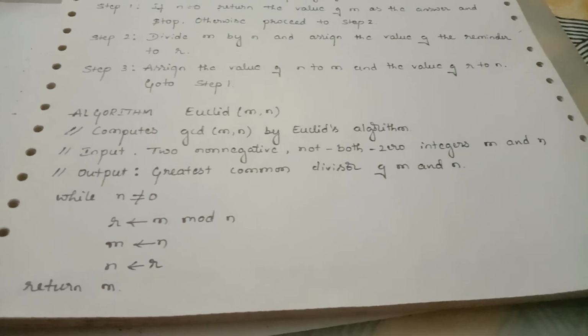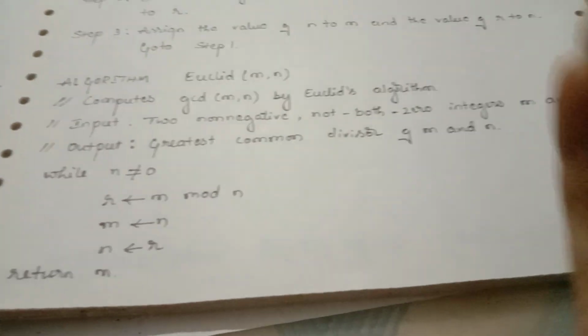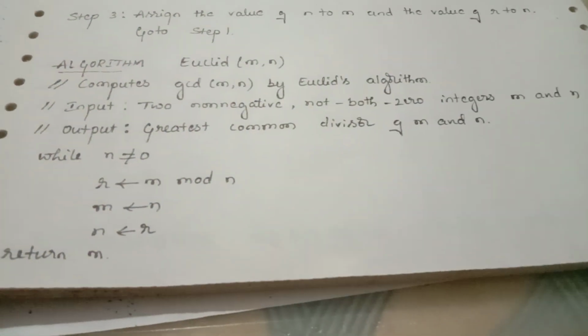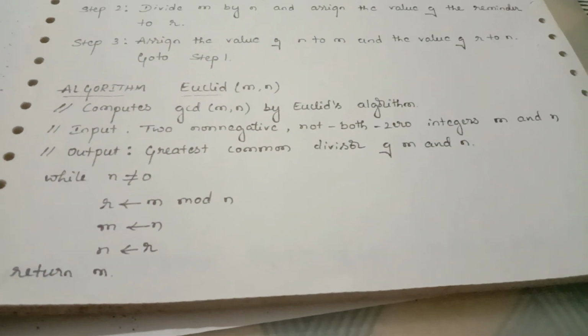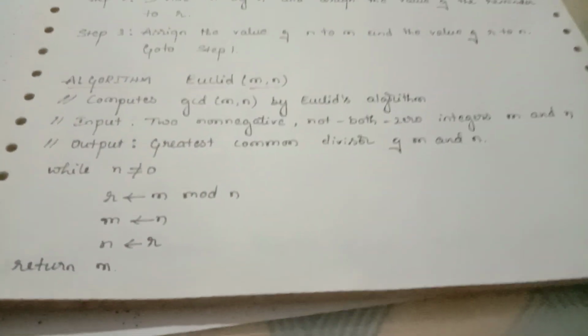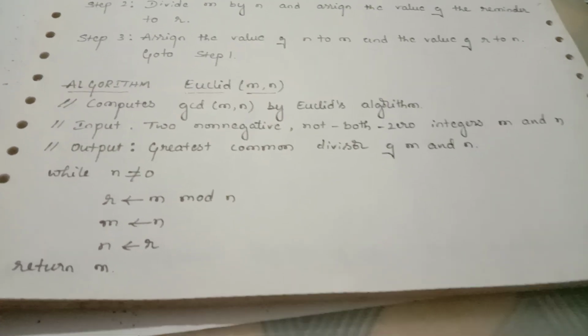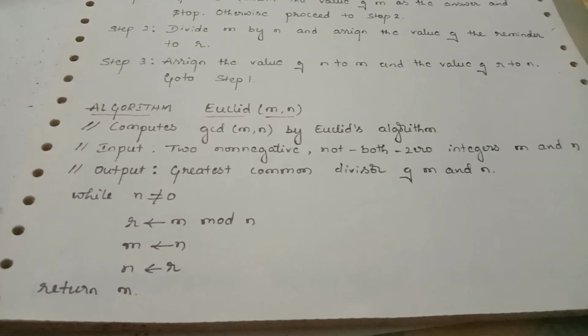What are the rules we follow when writing an algorithm? First we write the word algorithm, then the name of the algorithm. Euclid is the name of the algorithm, and in the brackets we mention the inputs, that is, what inputs we are going to provide to the algorithm. Followed by this, we write three comments.